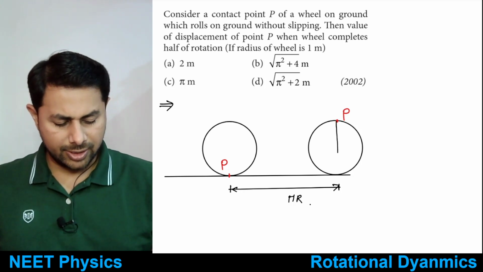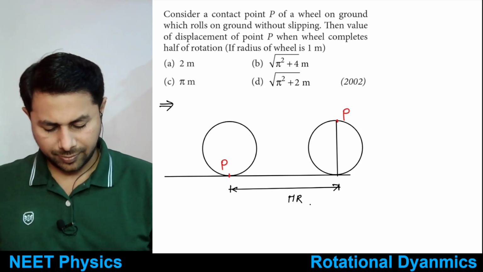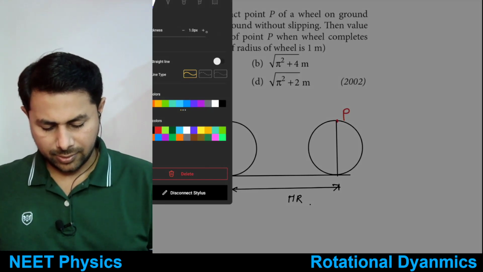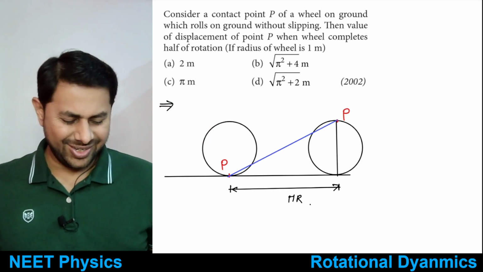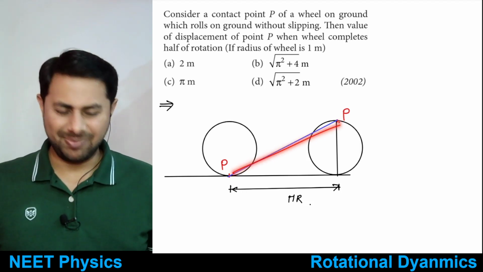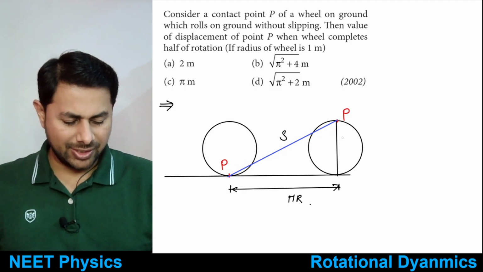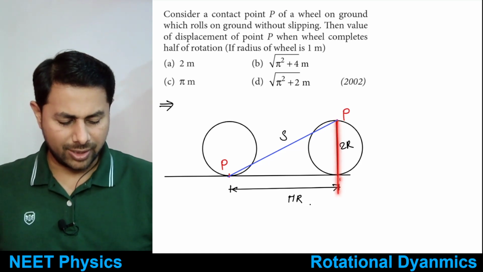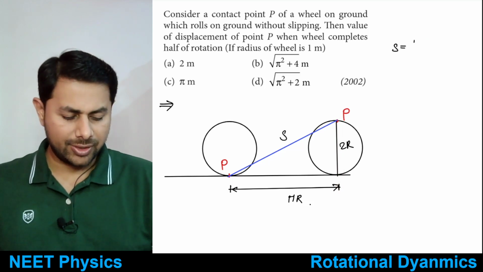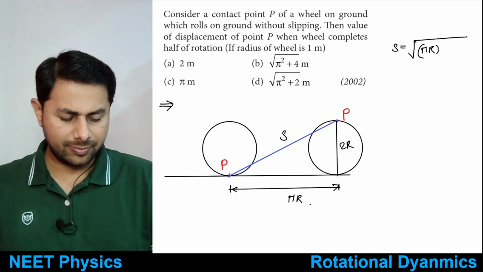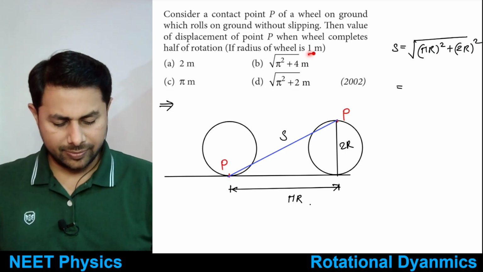Then the question is, what is the displacement of this point? Just join the start point and end point and find the displacement. S is the displacement. This vertical distance is 2r, right? So using the Pythagoras theorem, S is equal to the square root of (pi r) square plus (2r) square, and r is equal to 1.